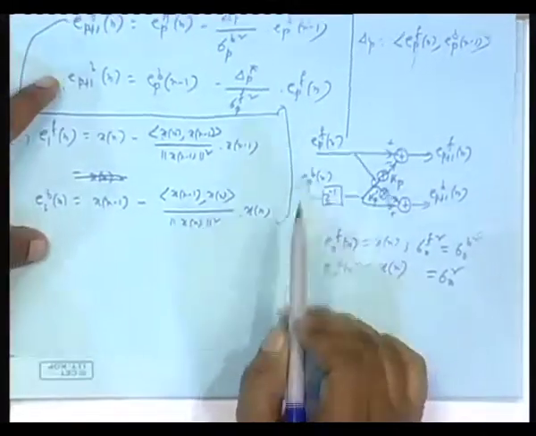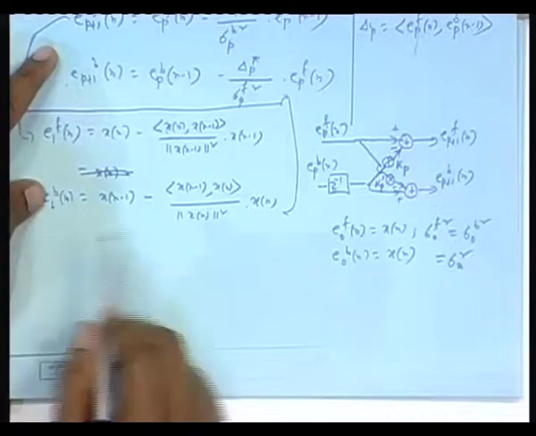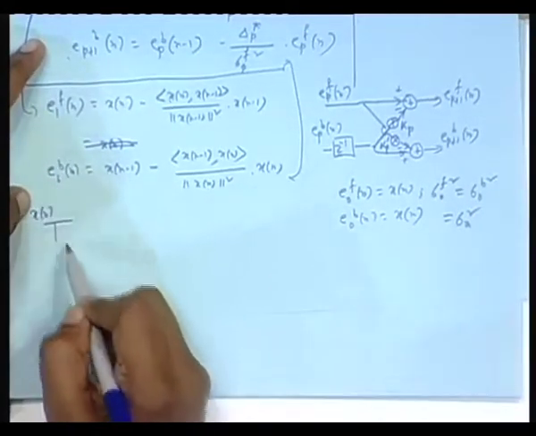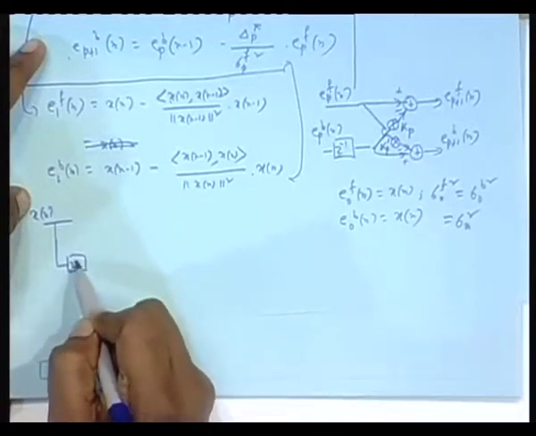So, what is this lattice? This kind of stages, you see, initially you have got x n, this is one stage.